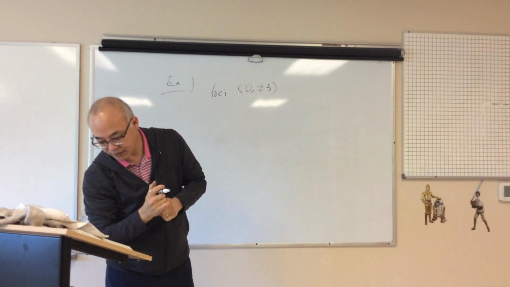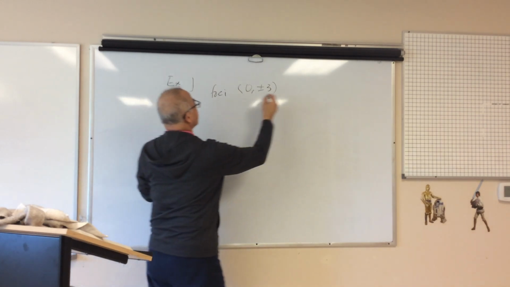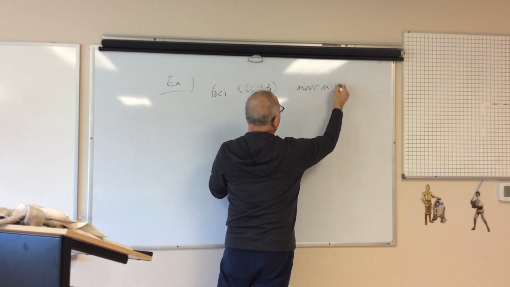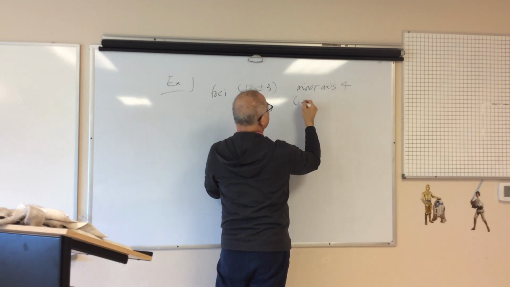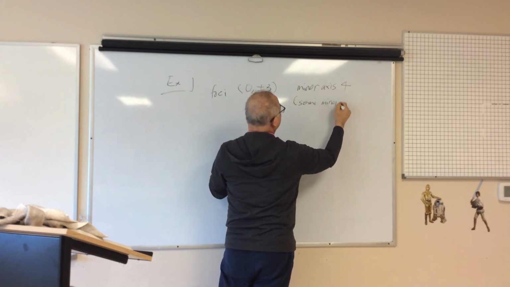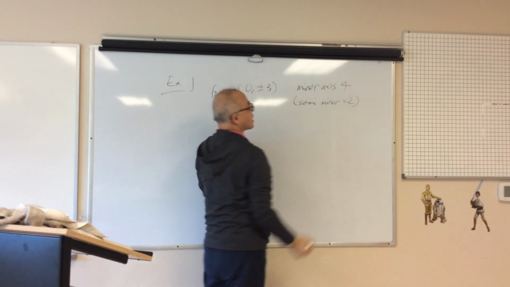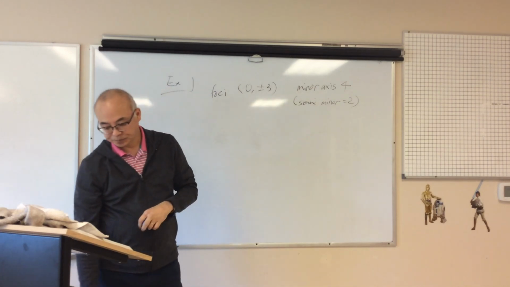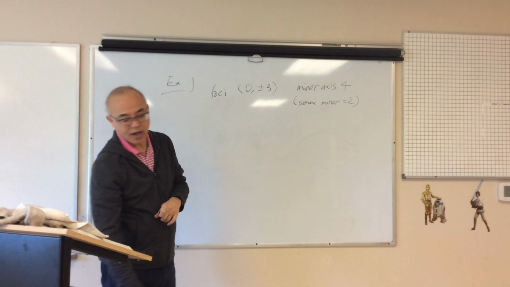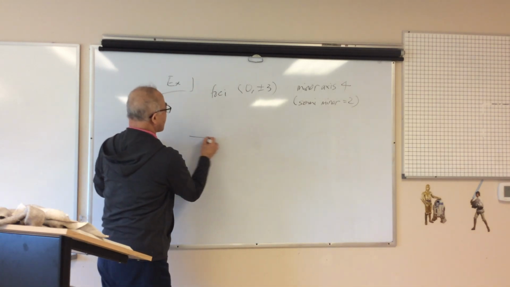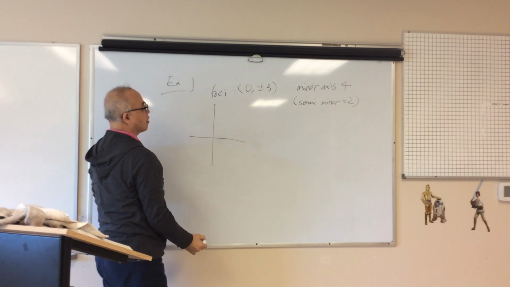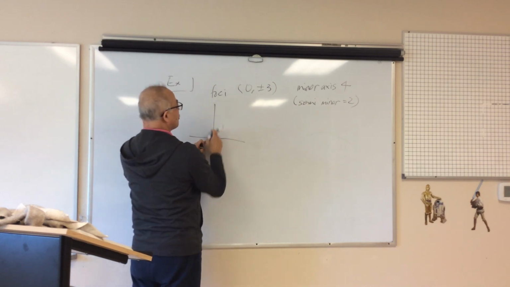And then I have the minor axis being 4, which means really that the semi-minor is 2. It's half of that, right? And we're going to sketch that. So the foci are (0, plus or minus 3).